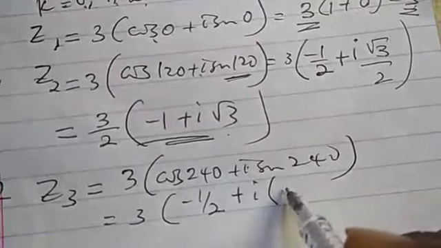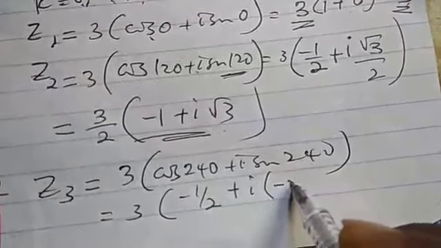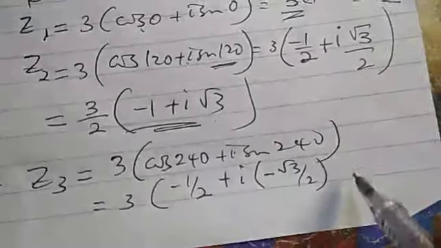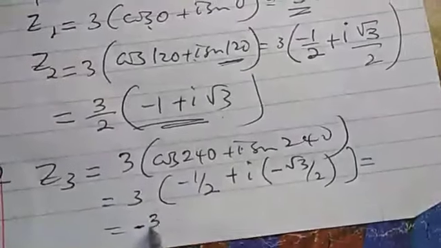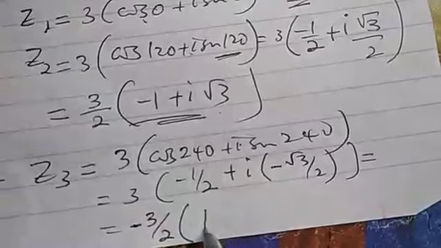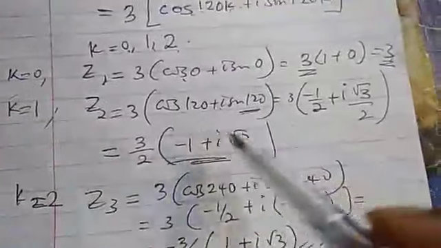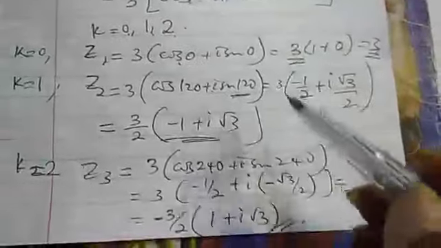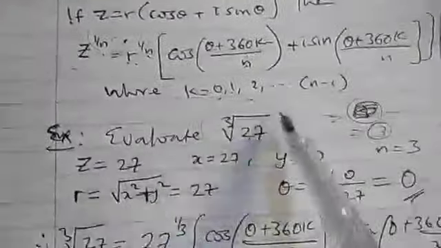Sin 240 will give me minus root 3 over 2. So I can bring the minus out. Minus is common and 2 is common. So we are going to have minus 3 over 2, 1 plus i root 3. So that is the value. These are the values of cube root of 27.